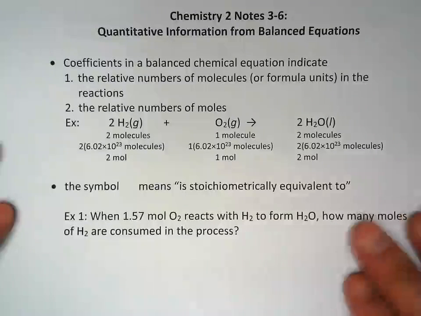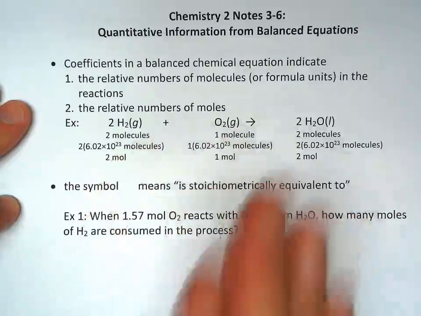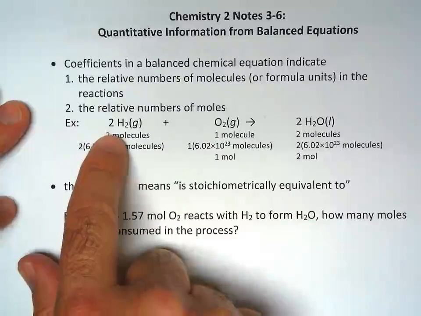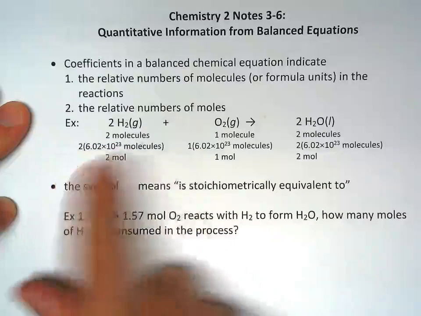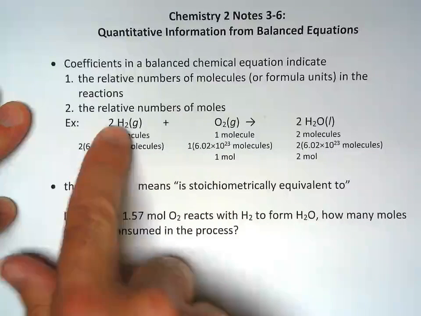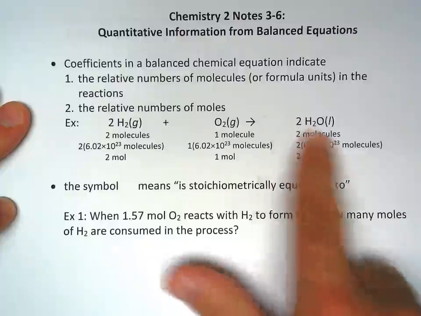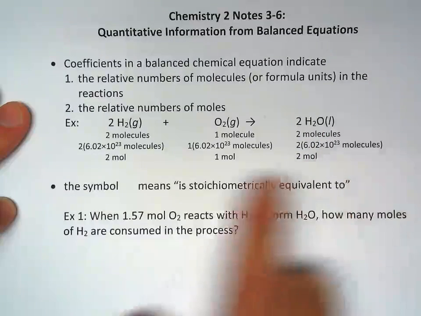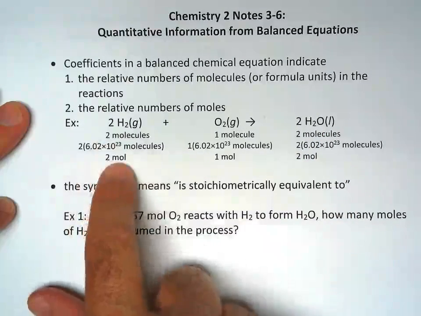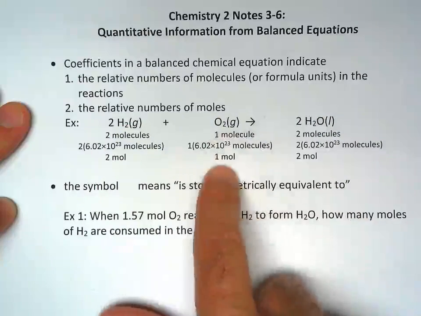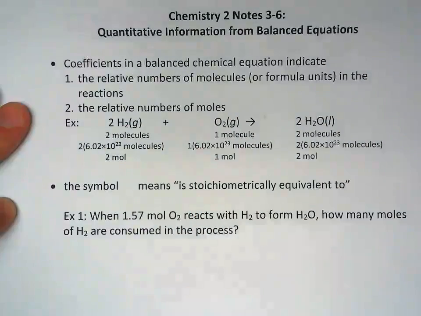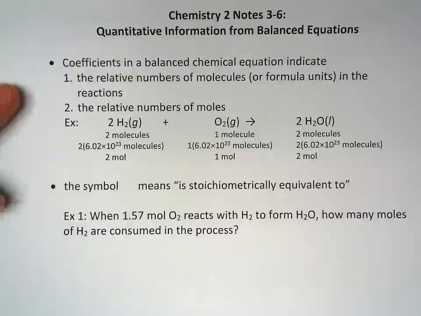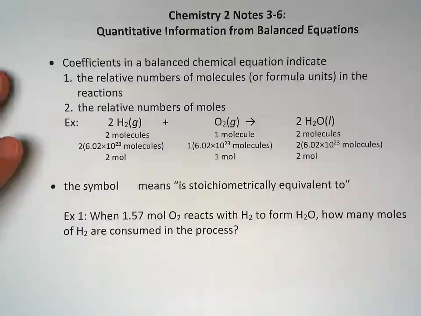It's a separate idea, but similar. The coefficients in here are also relative numbers of moles. So you can say we have 2 molecules of H2, 1 molecule of O2, 2 molecules of H2O. You can also say that for every 2 moles of H2 and 1 mole of O2 that react, 2 moles of H2O are produced. So there are 2 ways that we can use mole comparisons and conversions.